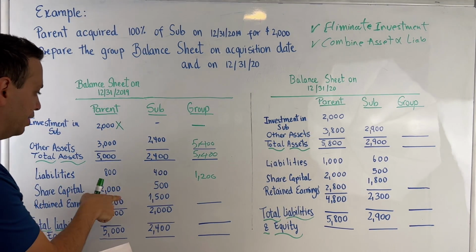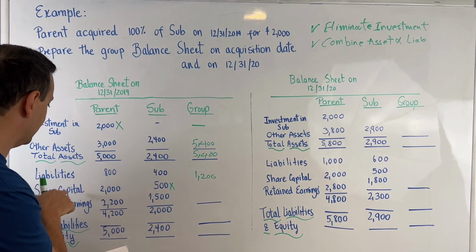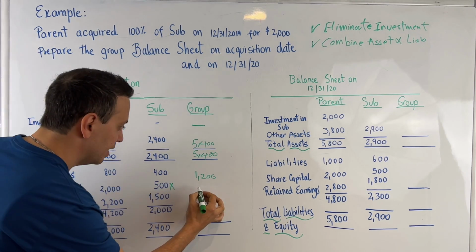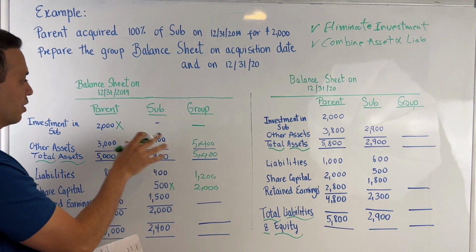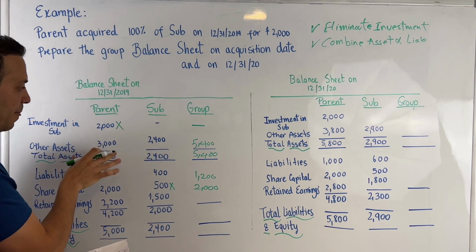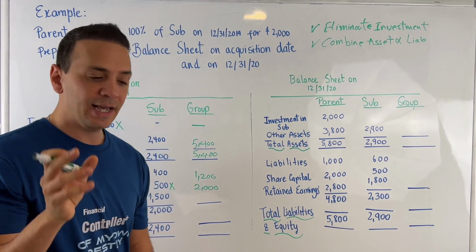Share capital, you're going to eliminate the subsidiary's share capital. And you're going to only take the parent, 2,000. And that's the same reason as we said before for eliminating the investment in the sub. We're only considering the assets and liabilities, right? We don't care about equity and investment.